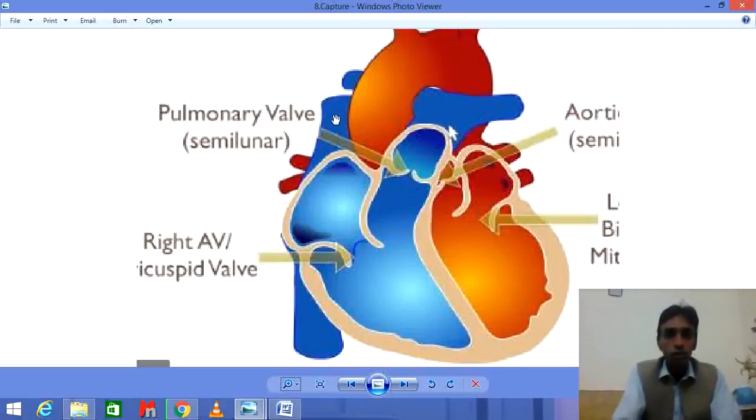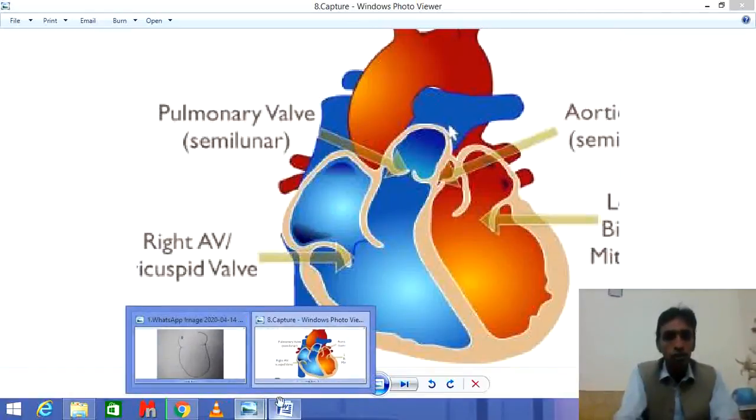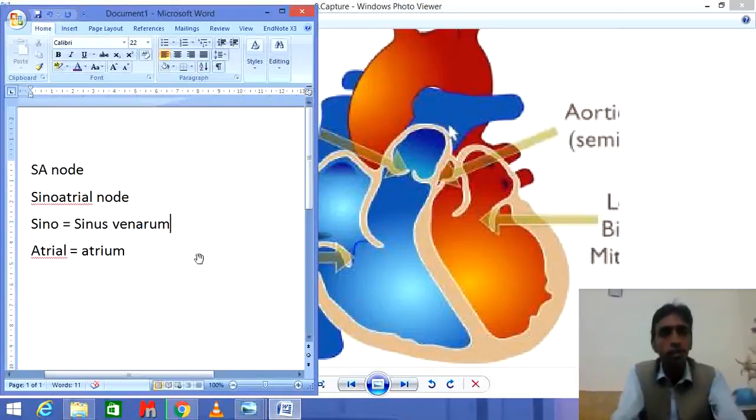Then the superior vena cava and inferior vena cava open into a sinus, and that sinus opens to the right atrium. That sinus is called the sinus venosus.